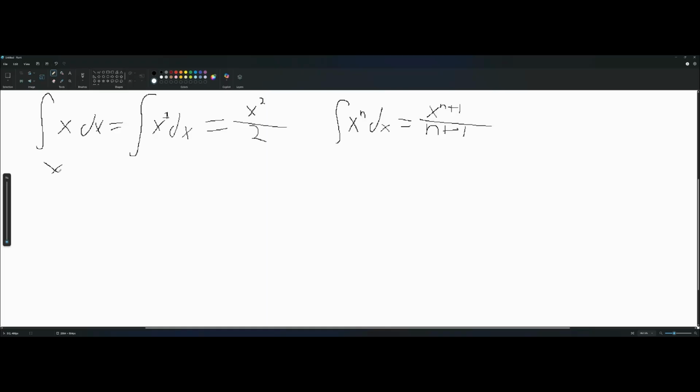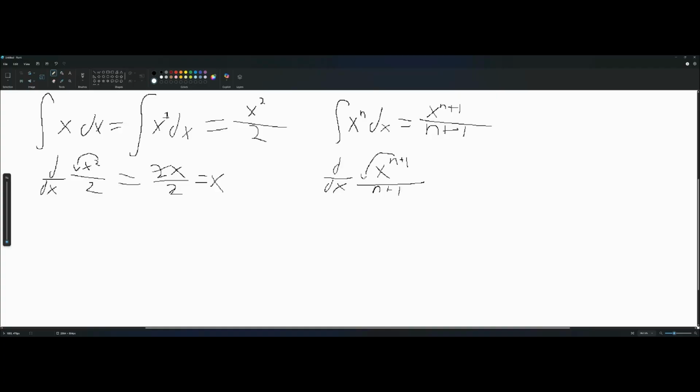Well, let's use x squared over 2 as an example. Let's take the derivative of x squared over 2. Well, we know the power rule is we bring over the power and subtract 1 from it. So we have 2x over 2. Our 2's cancel and we get x. And I'll just show a quick example with the n plus 1 too, right? x to the n plus 1 over n plus 1.